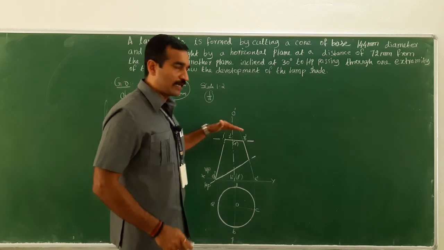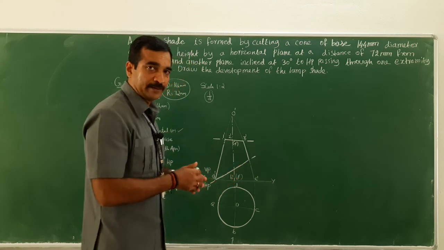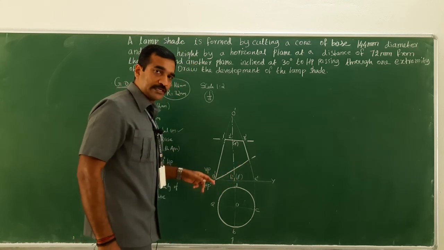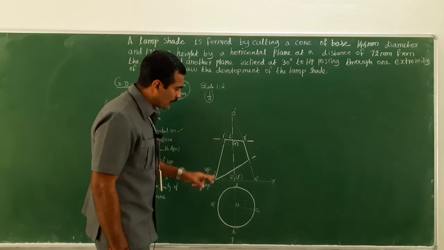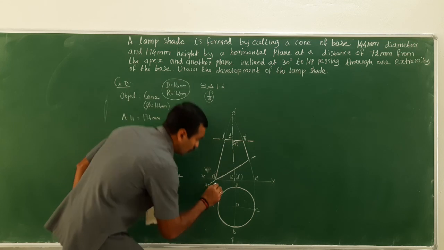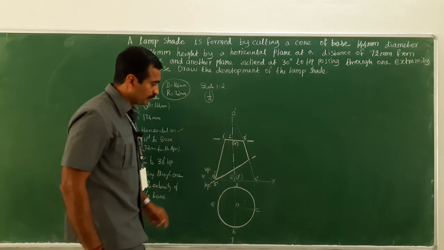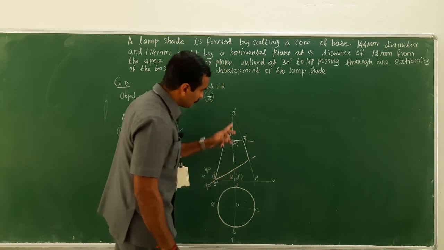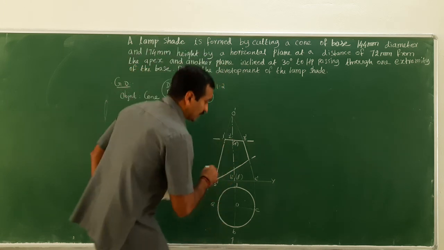For the first cutting plane, I have marked all the cutting points. Let me move to the next cutting plane, which is passing through the left extremity of the base. Here, OA, only one point. Here I used up to 4, therefore I am starting from 5. And look at here, OB and OD are there. Therefore, 2 cutting points are there.